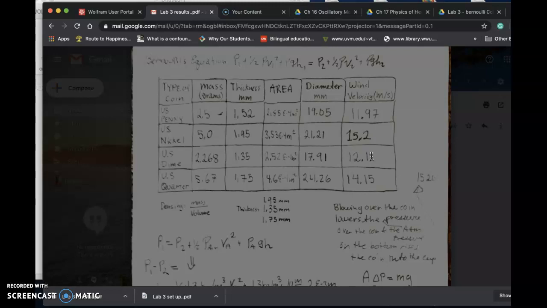When coupled with the diameter, thickness, and mass, those illustrate that while it's smaller, it just takes that much more energy for the wind in order to get it into the cup versus the quarter. And the same thing can be seen with the penny versus the dime.